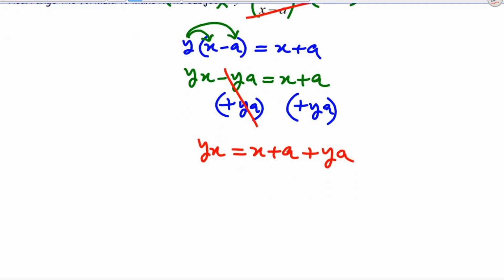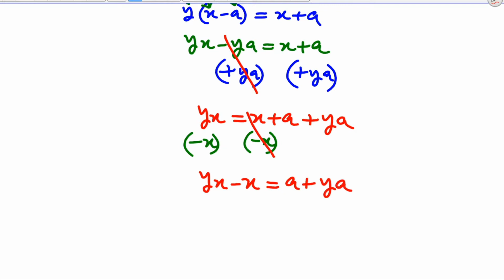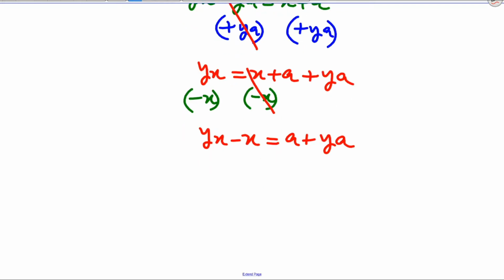The next step is we want to bring X's on the left. So subtract x, that's gone. So what you're left with is yx minus x is equals to a plus ya. The next step is to factorize out the x. So take out the x.